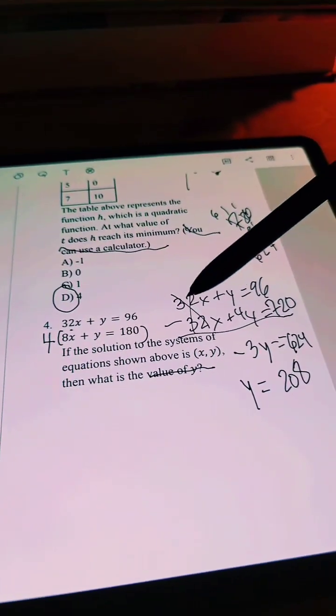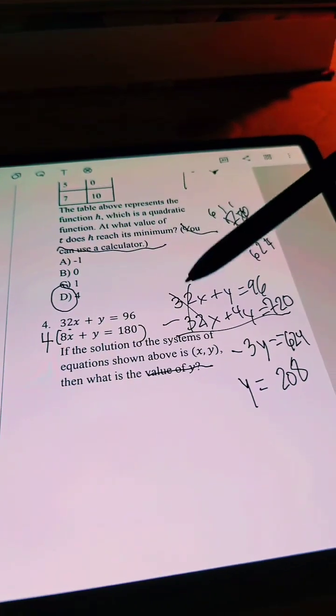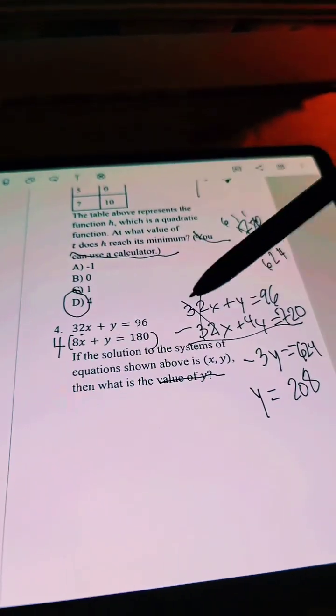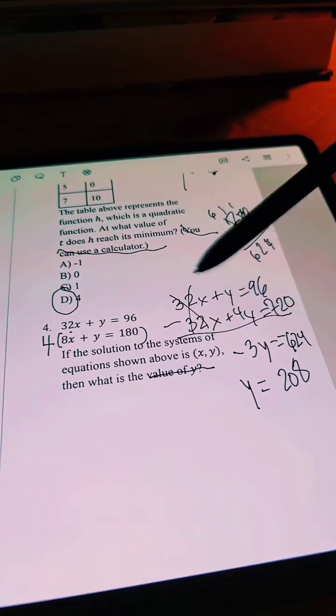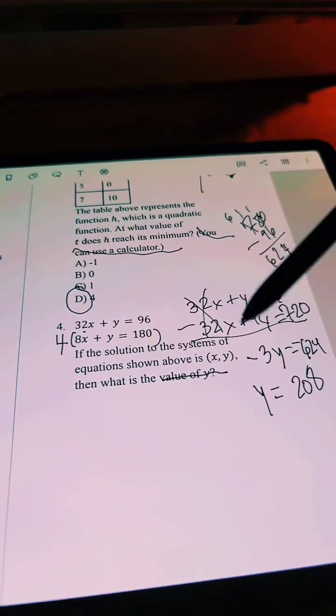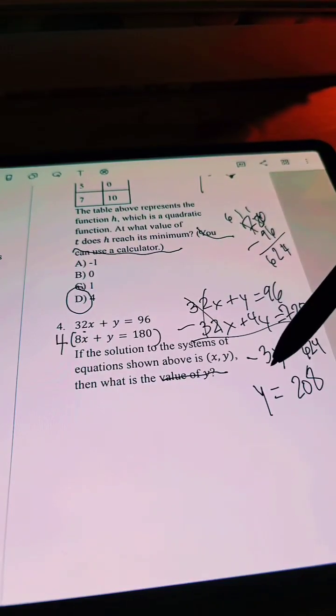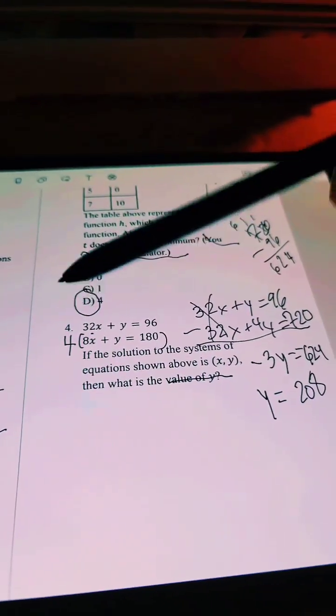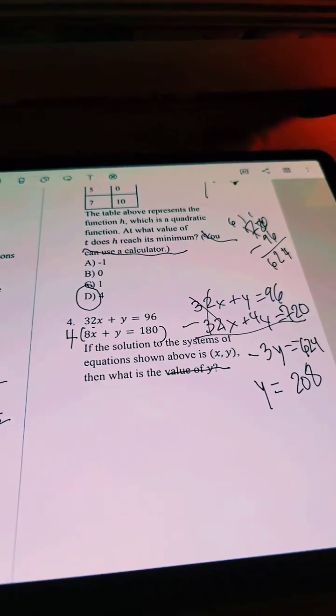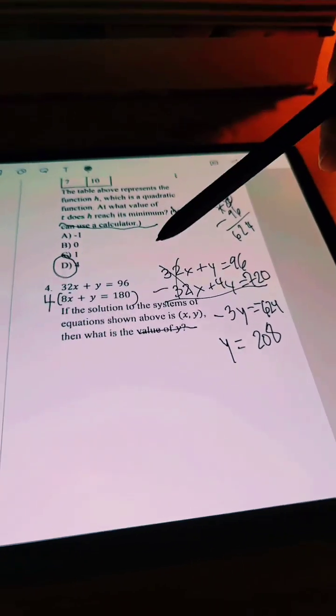I had to multiply the whole equation. The reason I did it by 4 is because I wanted to get rid of the x's. I thought, if I'm going to subtract these equations, how can I get rid of the x? Well, if I had a 32x on the bottom, I could subtract and cancel it out. So that's how I decided to multiply by the 4. Hopefully that helped.